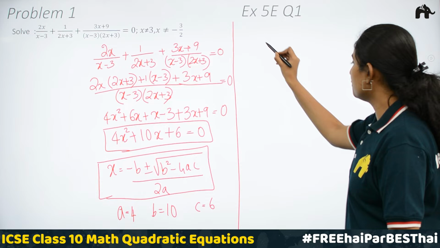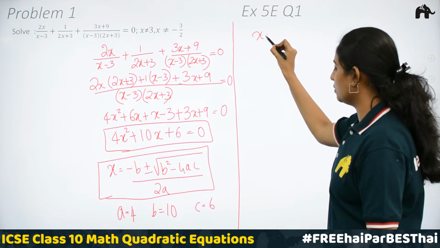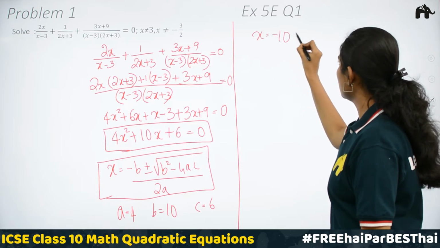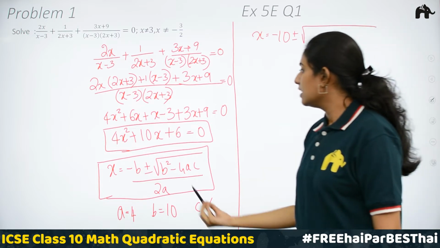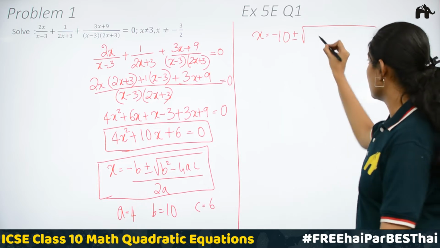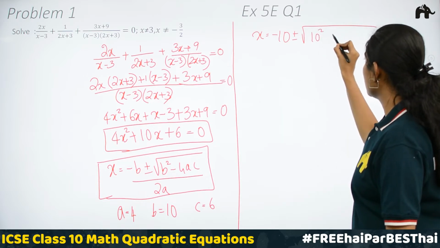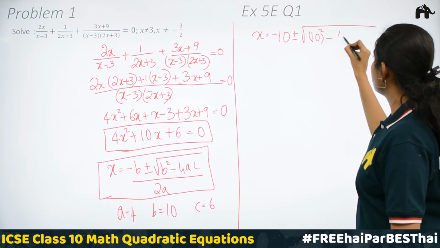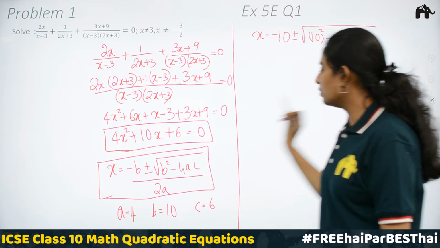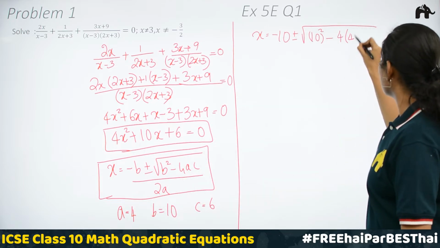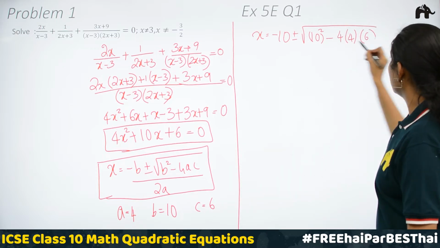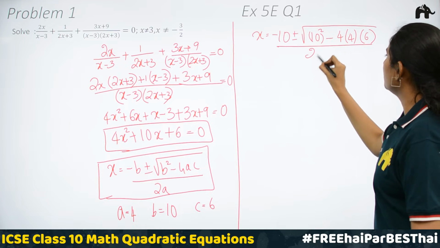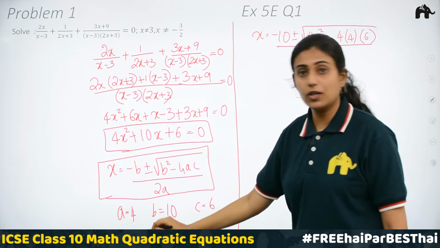Now, substitute to find x. X is equal to minus b, that is minus 10, plus or minus root of b square. B square is 10 square, minus 4 into A is equal to 4, C is equal to 6, divided by 2A. 2 into A is equal to 4.